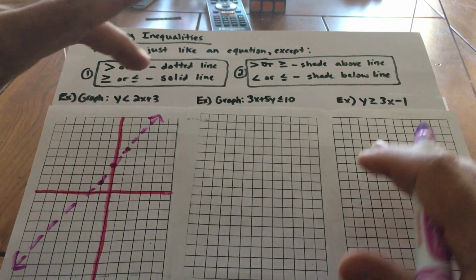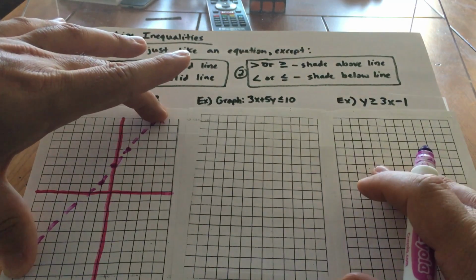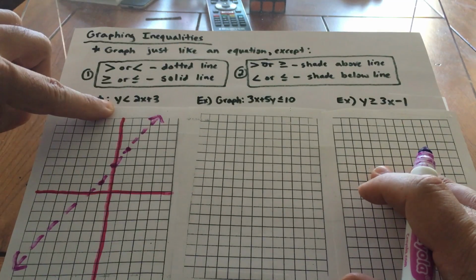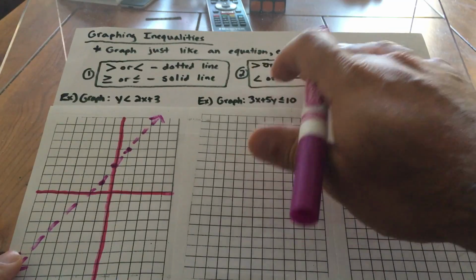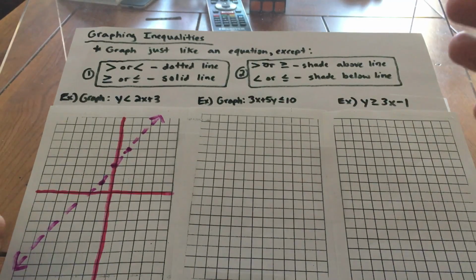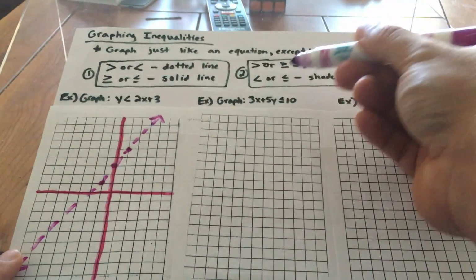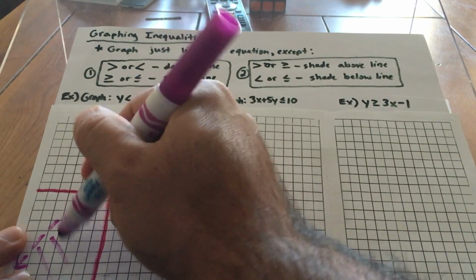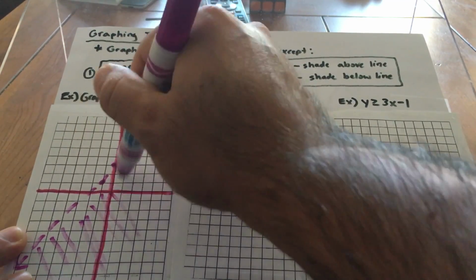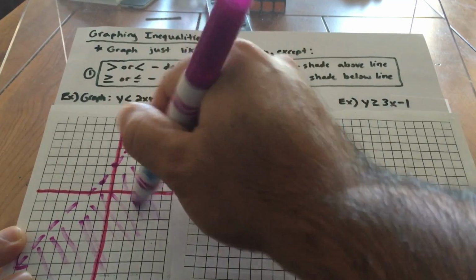So there's the first part. We make a dashed line or a solid line based on our linear inequality. And then we look at part 2 and we say, well, where are we going to shade this? Well, this is less than, and less than says to shade below the line. So our shading for this is like that.